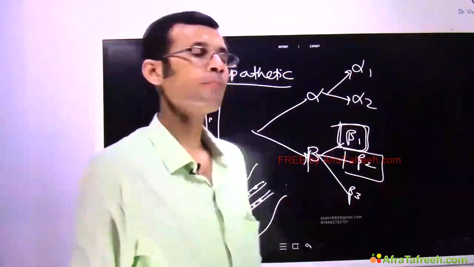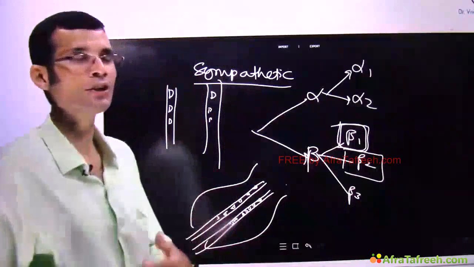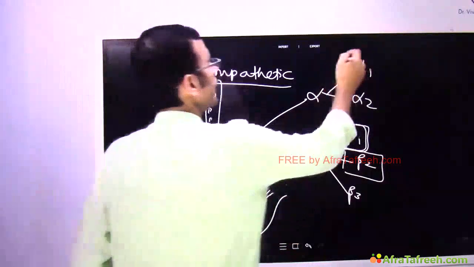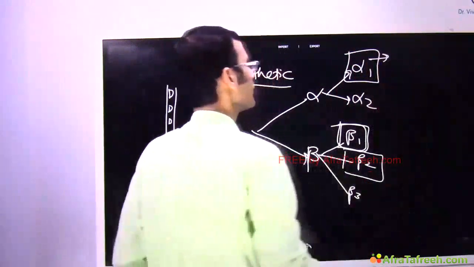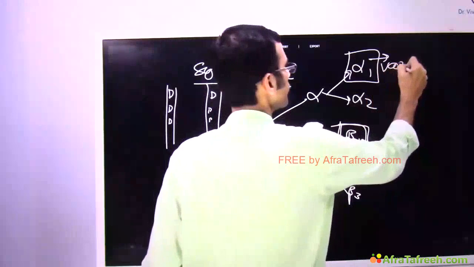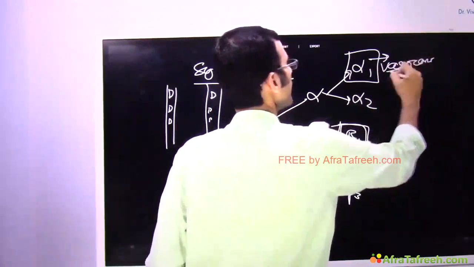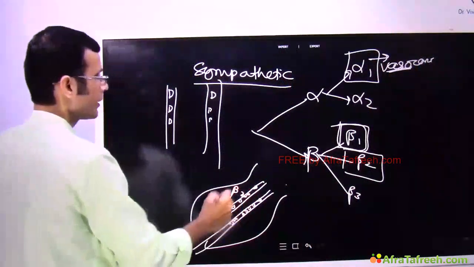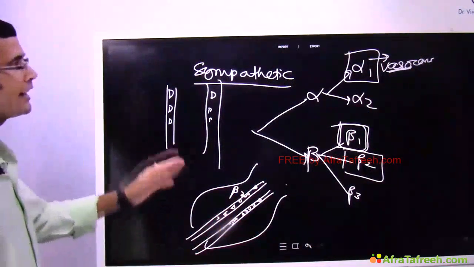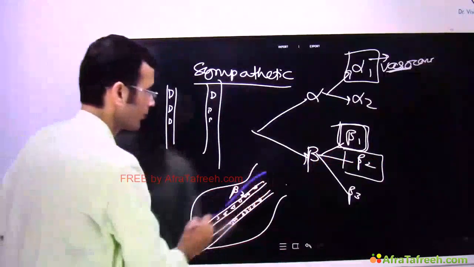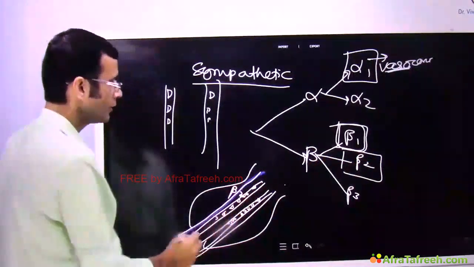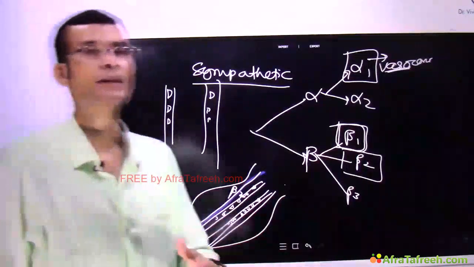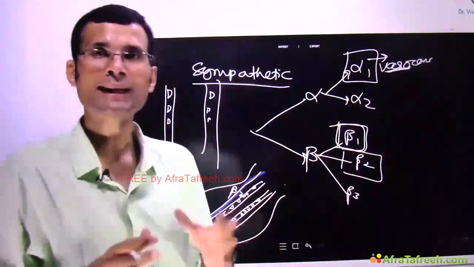So if there is stimulation of the sympathetic nerves, elsewhere there are alpha 1 receptors in the vessels, so there would be vasoconstriction, the excitatory effects of adrenaline. But in the skeletal muscle there are beta receptors, and therefore skeletal muscle will show vasodilation.